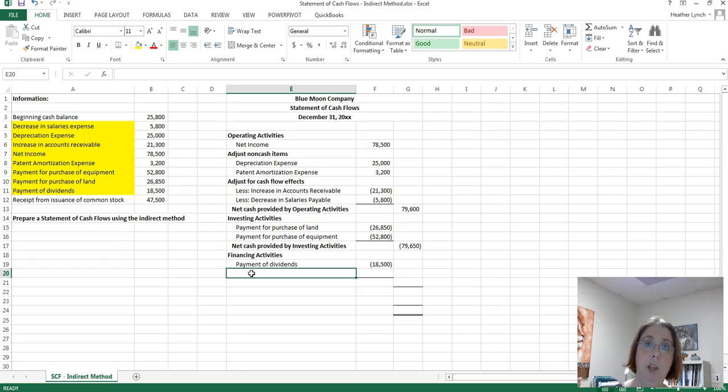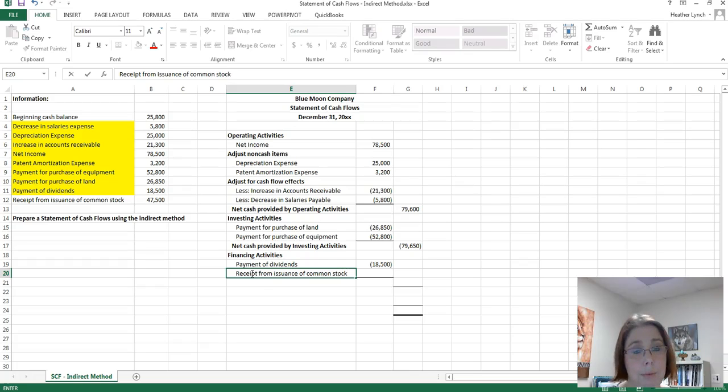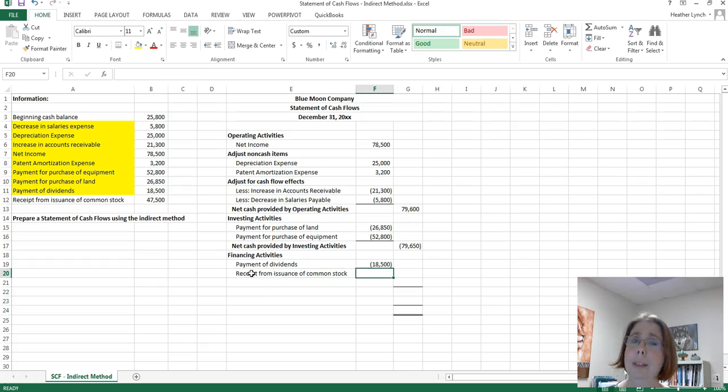Receipt automatically says we received cash, so we can put receipt from issuance of common stock. Notice we type everything out. The statement of cash flows is very detailed. This is going to be a positive.